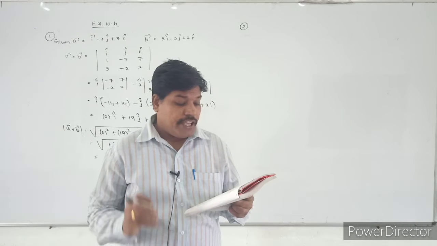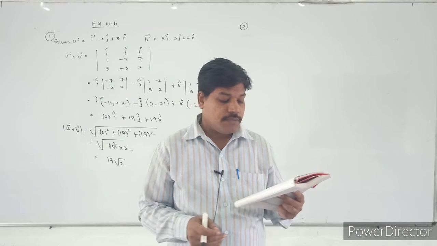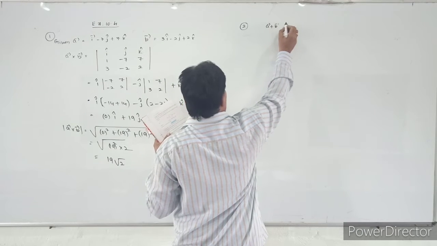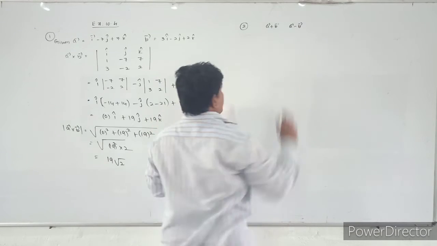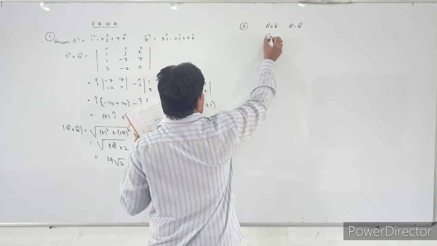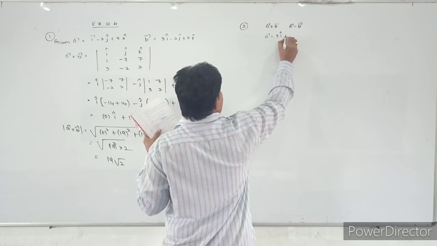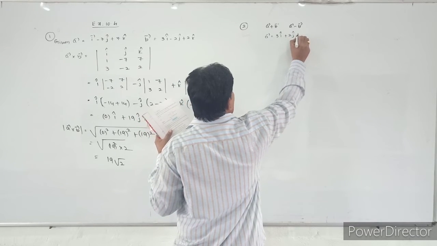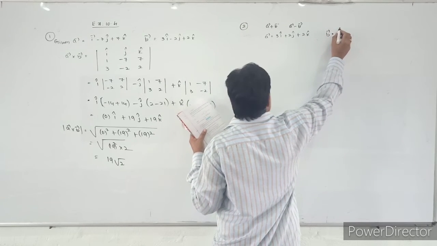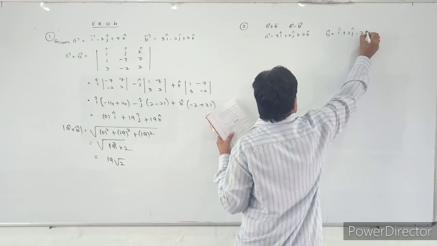Find a unit vector perpendicular to each of the vectors A bar plus B bar and A bar minus B bar, where A bar is equal to 3i plus 2j plus 2k and B bar is i plus 2j minus 2k.